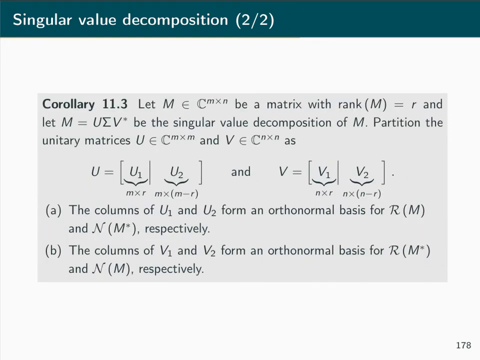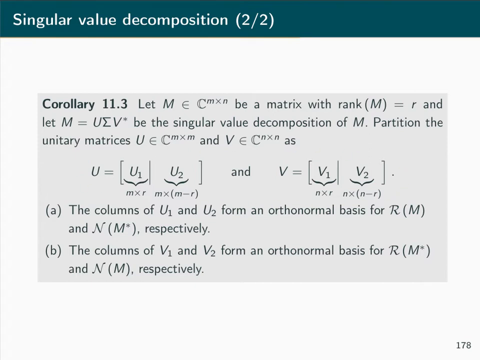Moreover, from the proof of Theorem 11.1, it's also straightforward to see what's stated in Corollary 11.3. Again, we consider an arbitrary matrix M with rank M being equal to r and U sigma V star being its singular value decomposition. Then we partition the unitary matrices U and V as shown here.